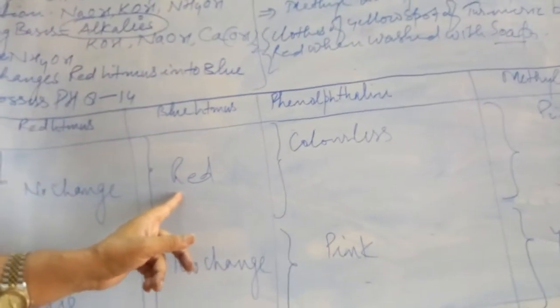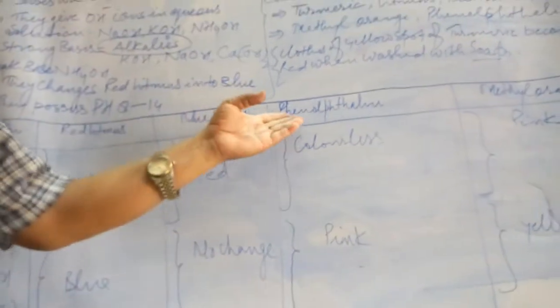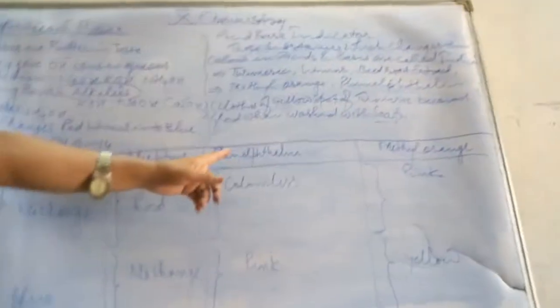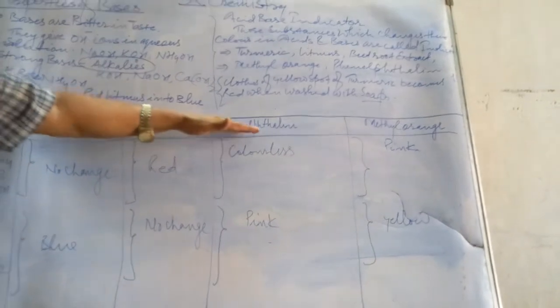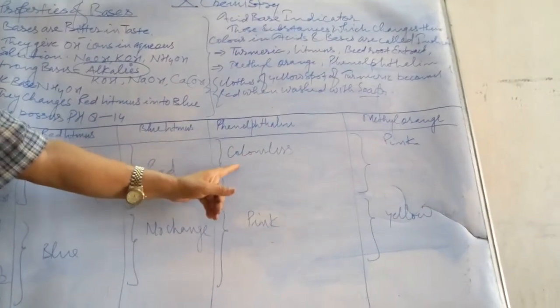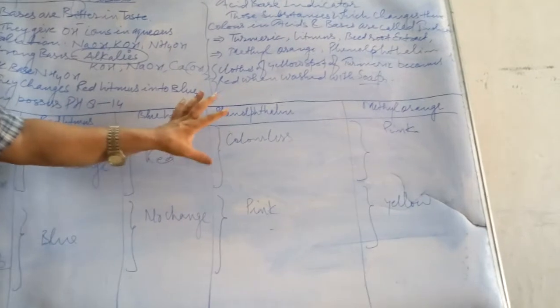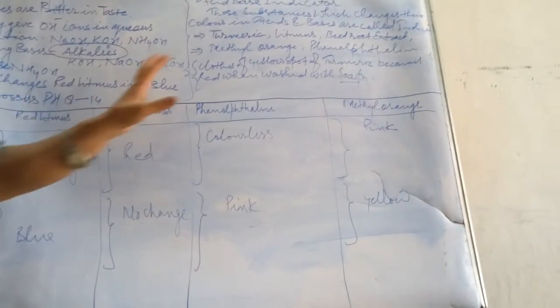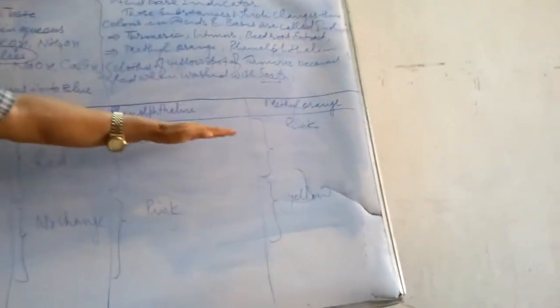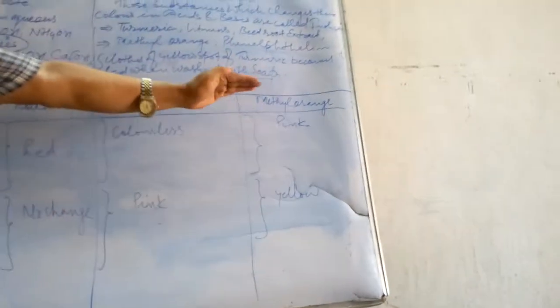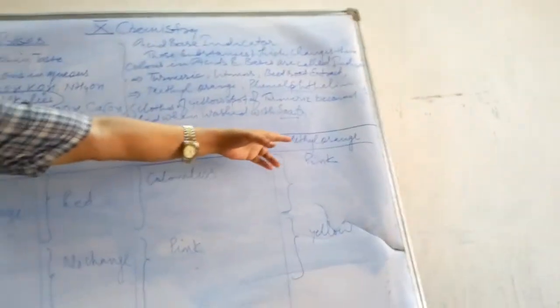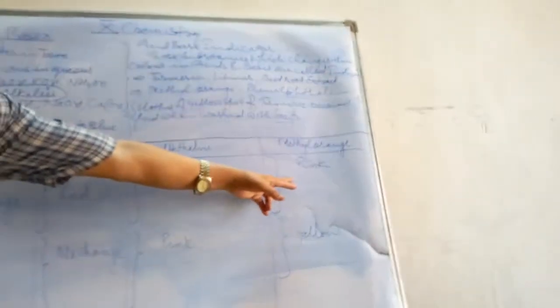It is clear? Likewise, the synthetic indicator phenolphthalein, when we treat any acid, either hydrochloric, sulfuric, nitric or acetic acid, to phenolphthalein indicator, it will be colorless. Means there may not be any observation, but when we treat any acid with methyl orange, the orange color of methyl orange changes into pink.